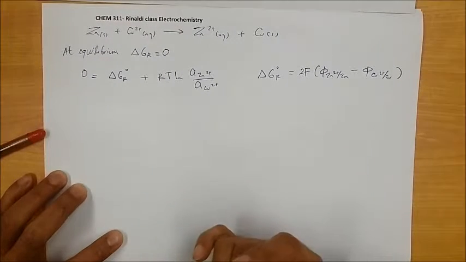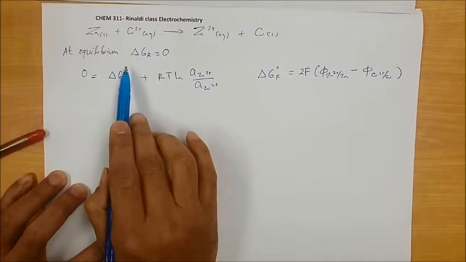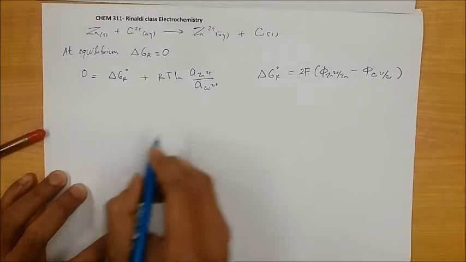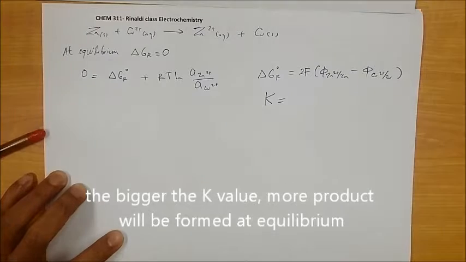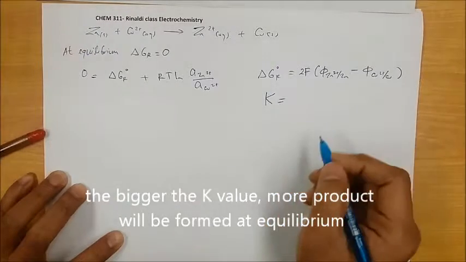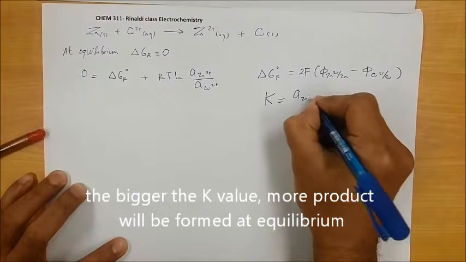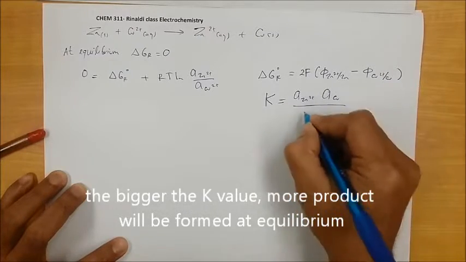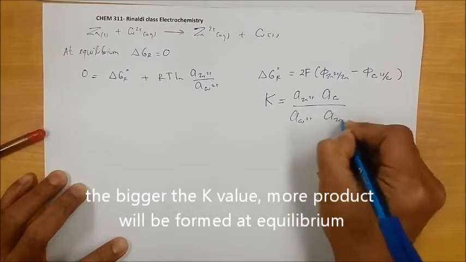The reaction stops when you have reached equilibrium, where you have reached K, the equilibrium constant of the reaction. So how do you express the equilibrium constant? It's the activity of zinc 2+ times the activity of copper metal over the activity of copper 2+ times the activity of zinc.